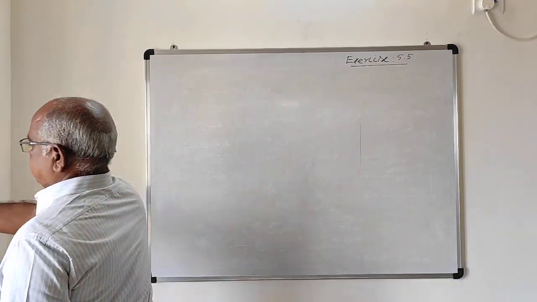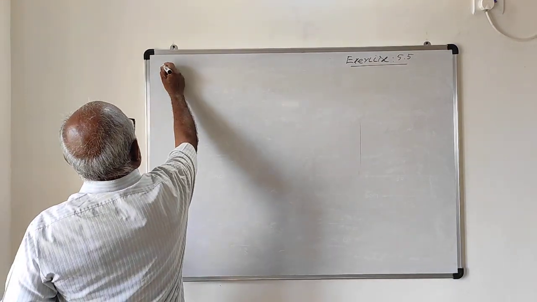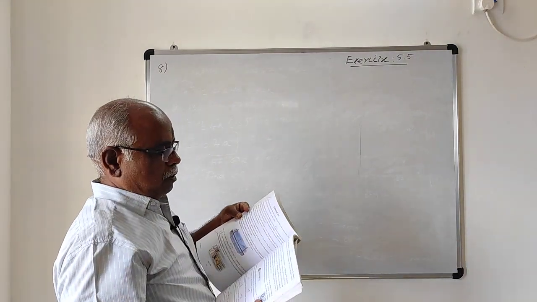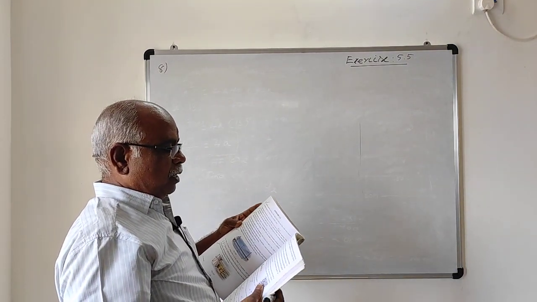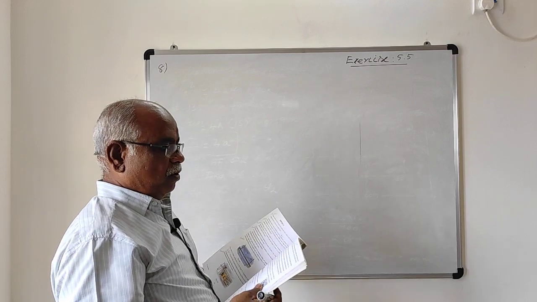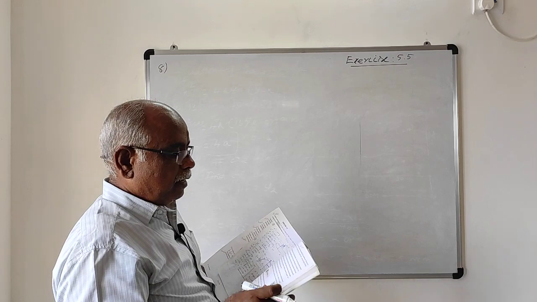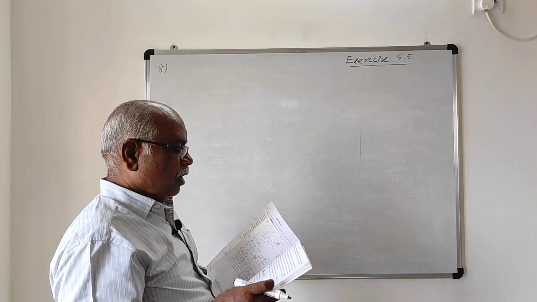Eighth problem in the exercise. Assume that water issuing from the end of a horizontal pipe 7.5 meters above the ground level describes a parabolic path.